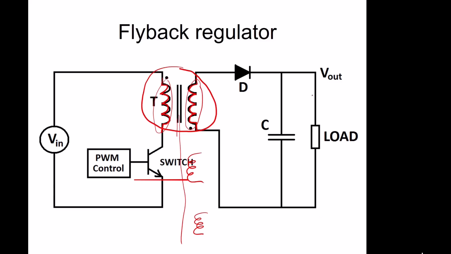The only problem is this PWM controller switches with respect to a reading from this output voltage, so it regulates the output voltage, and you're only able to regulate one. So you can have multiple output voltages, but you'll only be able to regulate one of them.